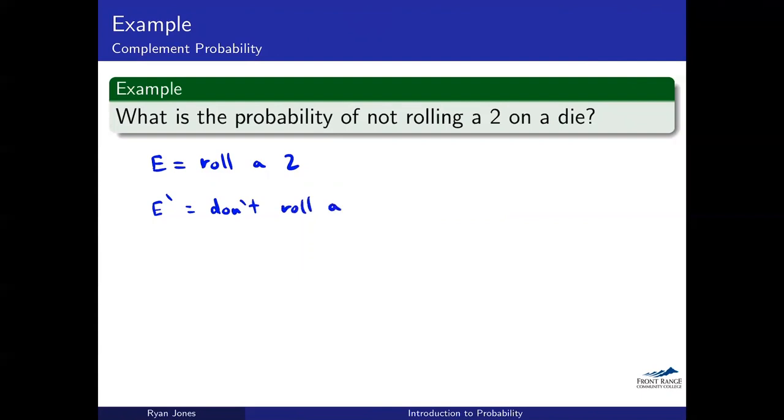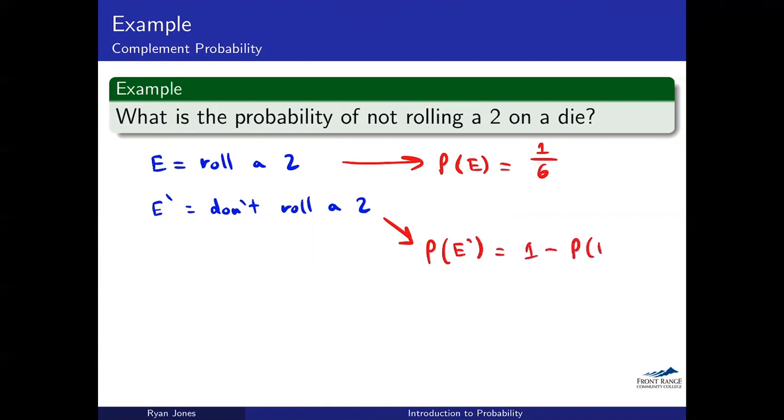So what we could do is say, P of E, the probability that I roll a 2, is just one of the possible 6 outcomes, 1/6. So P of E prime, using our complement formula, is going to be 1 minus P of E, which is 1 minus 1/6. So we end up with just 5/6. And that's our answer right there.